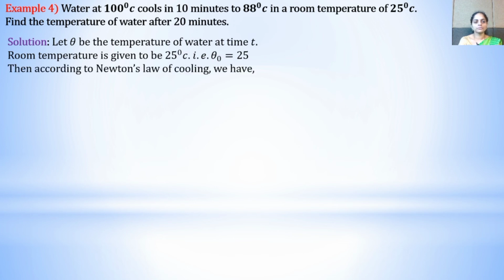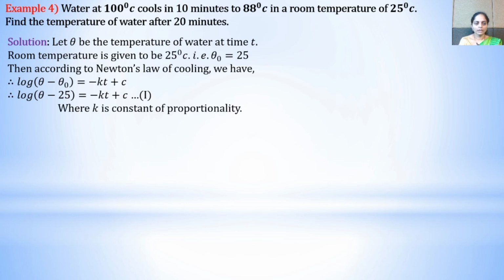Then according to Newton's law of cooling, we have log of theta minus theta naught is equal to minus kt plus c. Here theta naught is equal to 25. So we put the value of theta naught in this equation. So the equation becomes log of theta minus 25 is equal to minus kt plus c. This is our equation number 1, where k is a constant of proportionality. The negative sign indicates that the temperature will decrease.